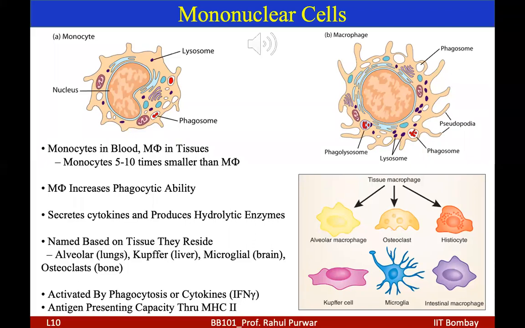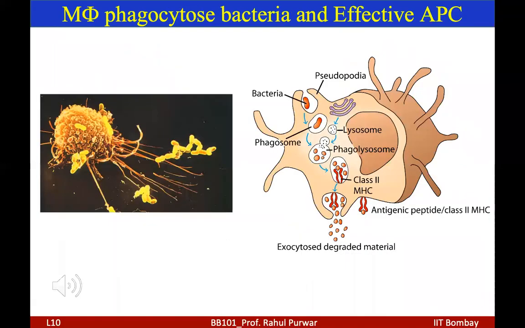Activated by phagocytosis, or by different proteins in our body, they get activated and start killing the pathogens. So this micrograph tells you how the macrophages phagocytose the bacteria in this case, and how they kill it, and what the mechanism of that is.